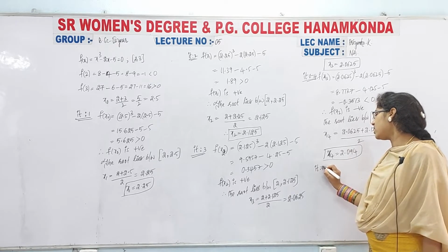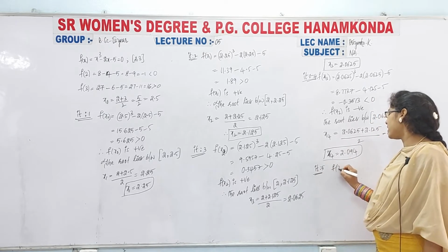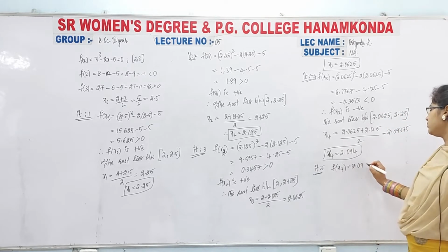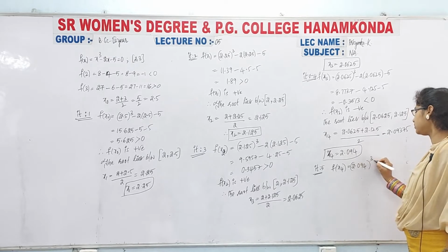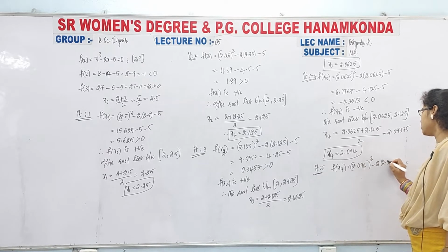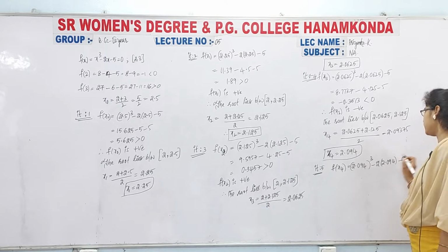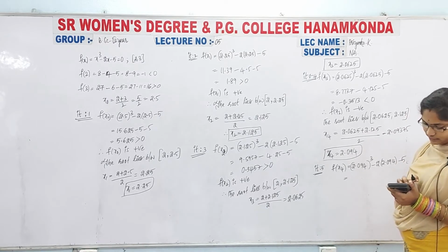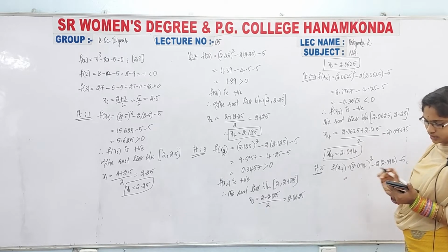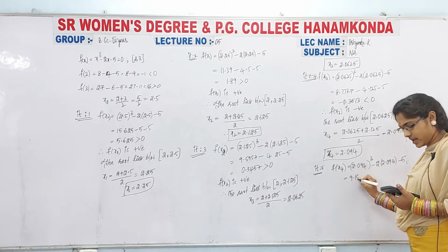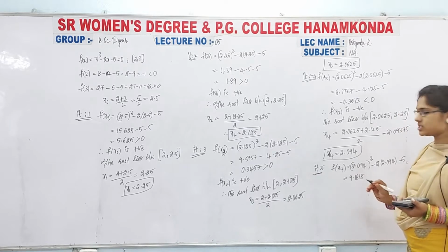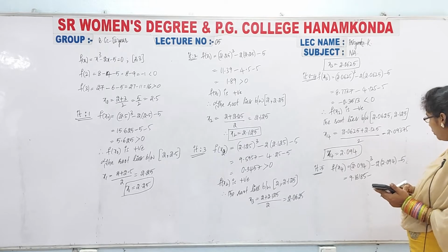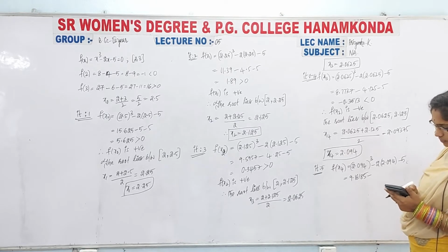Now iteration number 5. Now f of x4 equals 2.094 whole cube minus 2 into this value minus 5. Okay, so now here 2.094 whole cube is 9.181846, so I am taking 9.18185 minus 2 into 2.094.